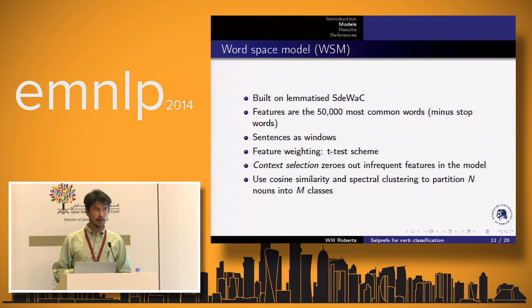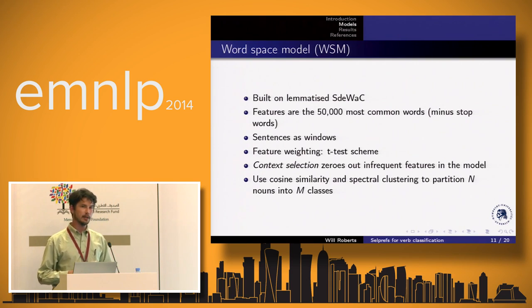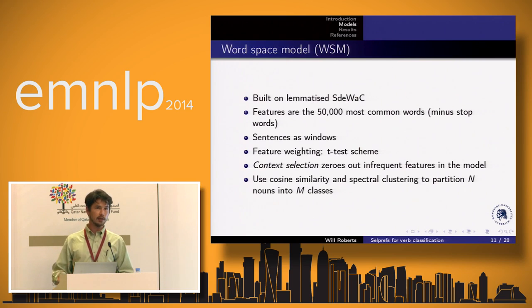I build it differently. So this noun partition is built using a word space model. And word space models are sort of a standard technique in computational linguistics these days. So I'm not going to go into detail about the exact parameters of this, except to say that we use sentences as windows for this word space model. And we use a technique called context selection that zeroes out infrequent features.